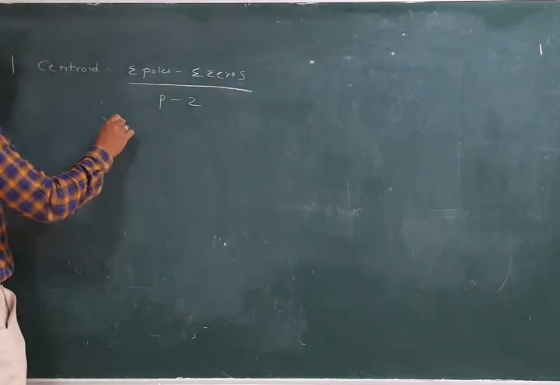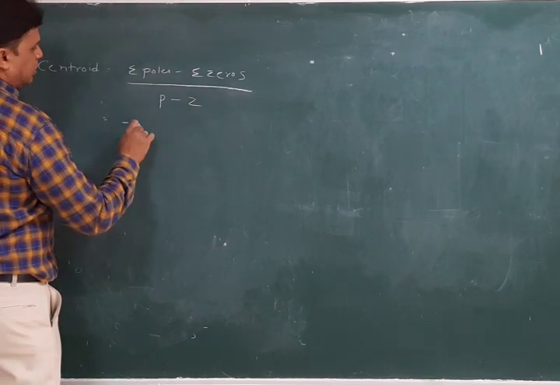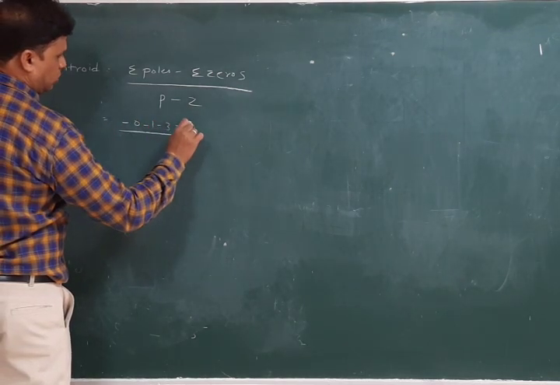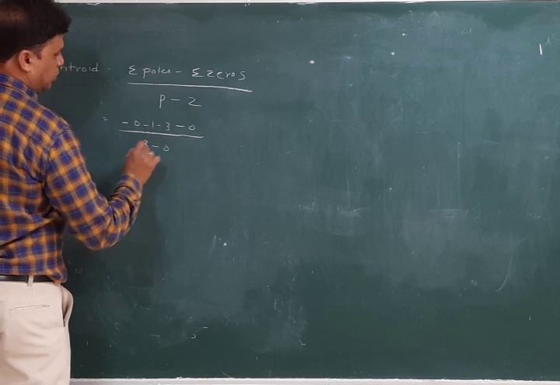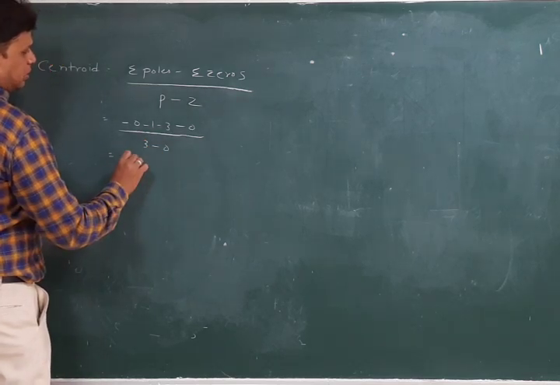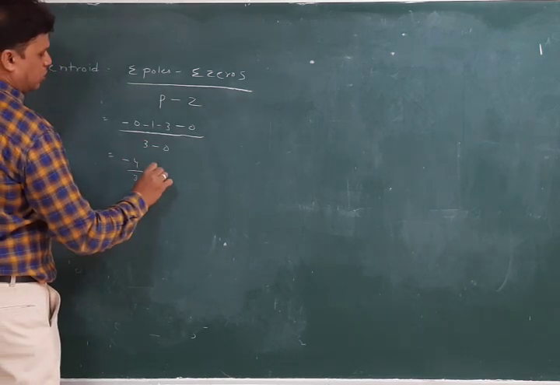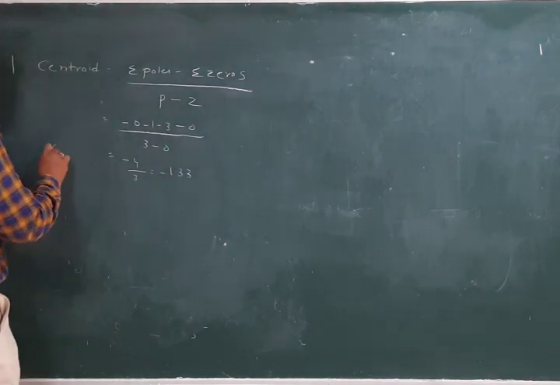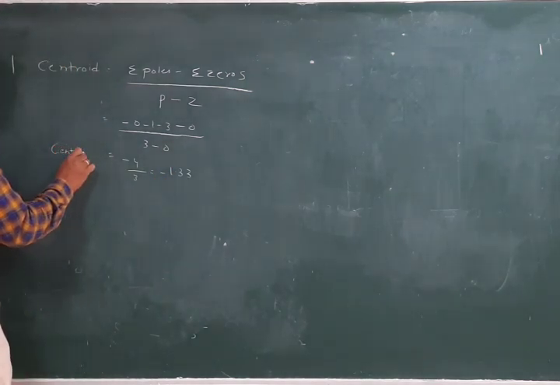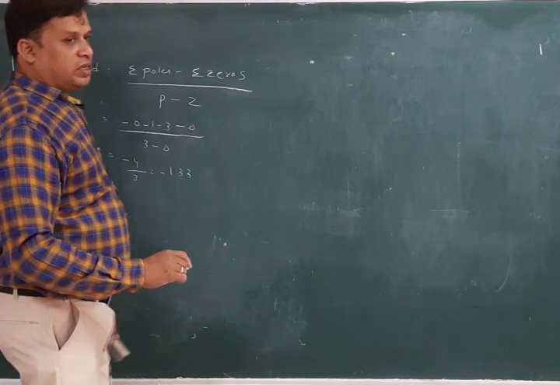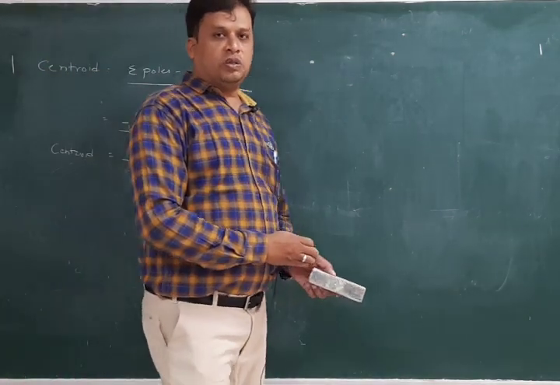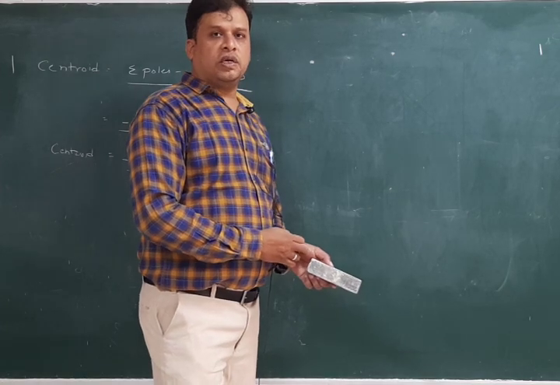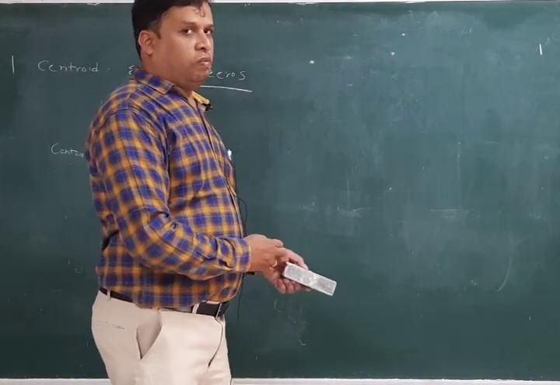So, the sum of poles is 0 minus 1 minus 3, minus the sum of zeros which is 0, divided by p minus z, that is equal to minus 4 by 3, which is minus 1.33. So, the centroid is minus 1.33. The centroid is nothing but the intersection of all the asymptotes. Okay. When you are drawing the root locus, you will know what the centroid is, as well as what the breakaway points are.